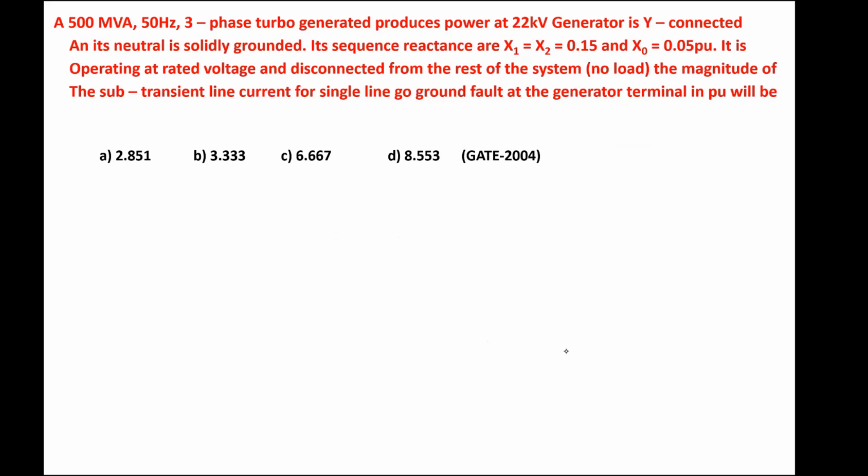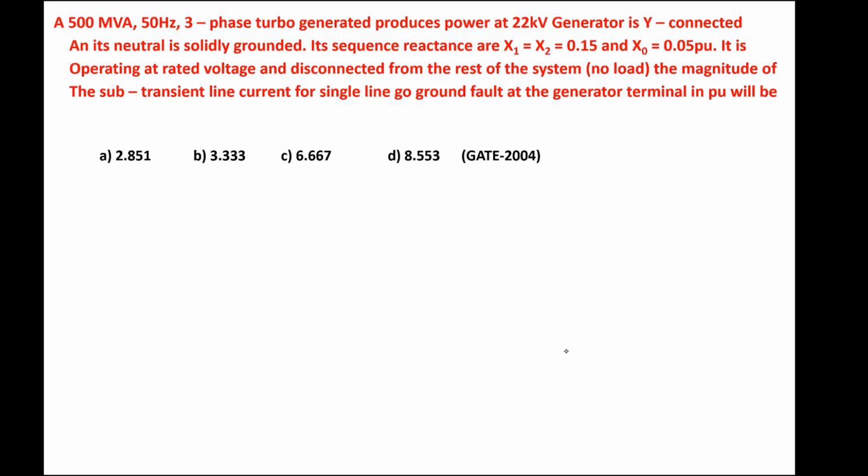A 500 MVA, 50 Hz, 3-phase turbo generator produces power at 22 kV. The generator is star connected and its neutral is solidly grounded. Its sequence reactances are X1 equal to X2 equal to 0.15 and X0 equal to 0.05 per unit.